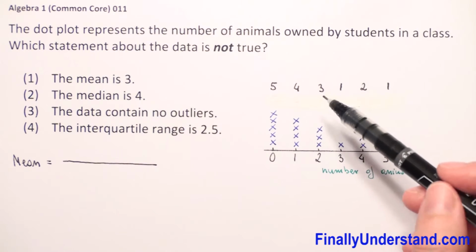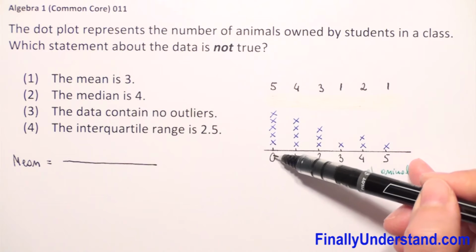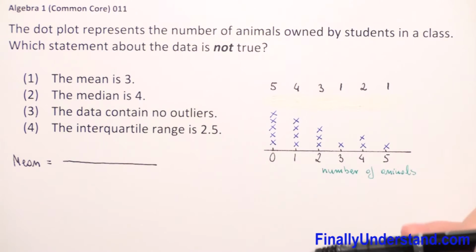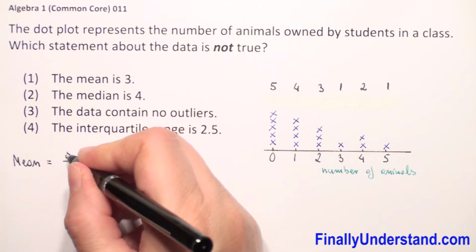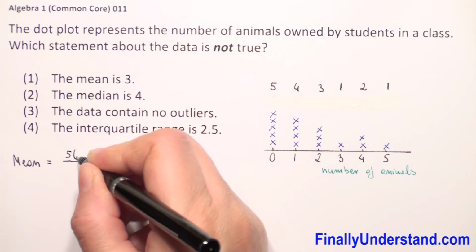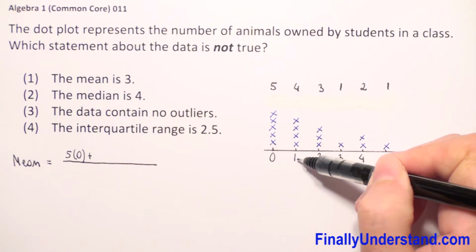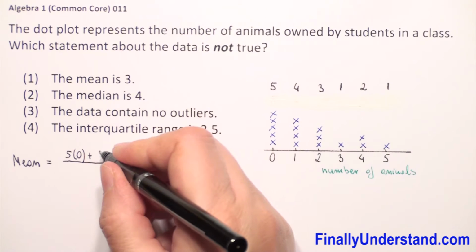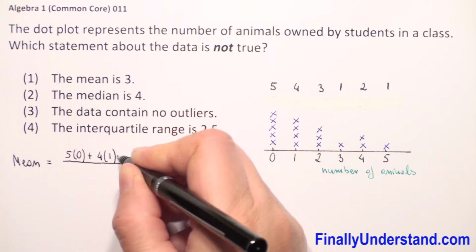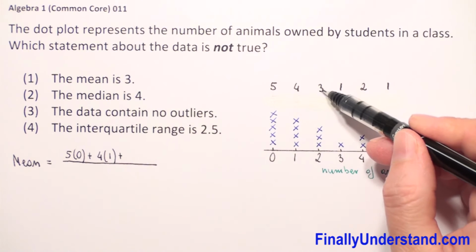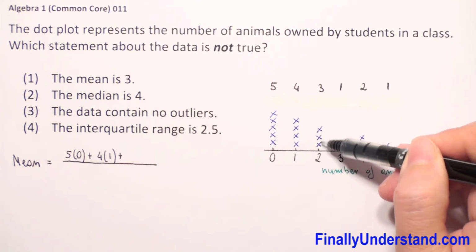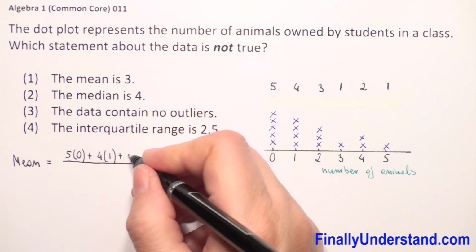to the sum. So what will be 5 students times 0 animals? It will be 5 times 0 plus 4 times 1 animal, plus 3 times 2 animals.